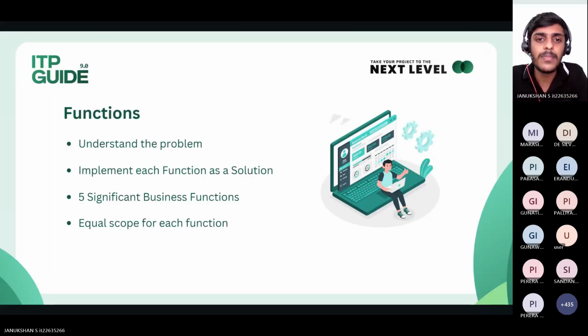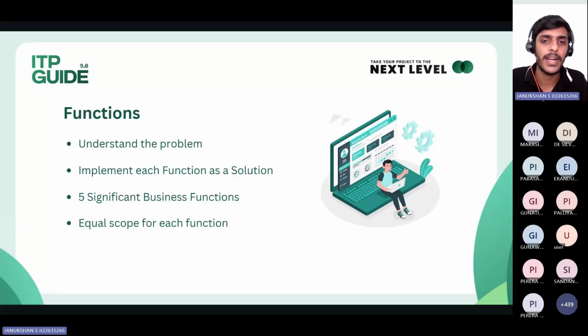And another important thing is equal scope for each function. The functions must not be too big or too small. For example, one person can have a component with several functions and some features which may not even be relevant to him, and another person may have very basic functions.